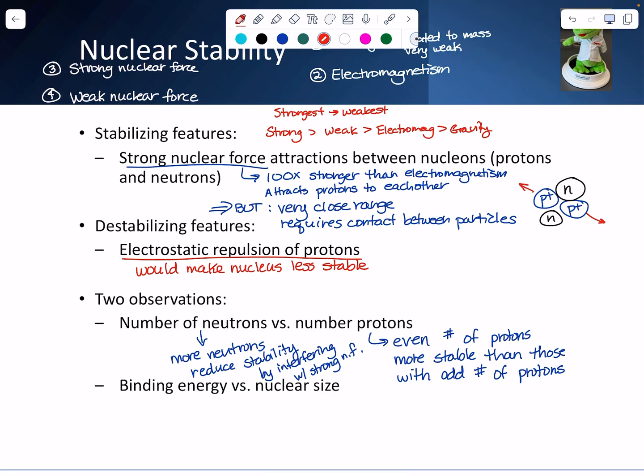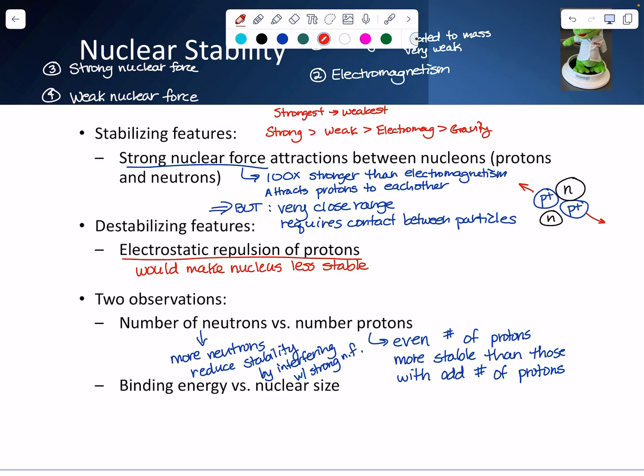The weak nuclear force is called the weak nuclear force because it is very, very rare that this force is seen playing a role in nuclei. The role it plays is when you have an unstable nucleus, when that balance between electromagnetism and the strong nuclear force is off.